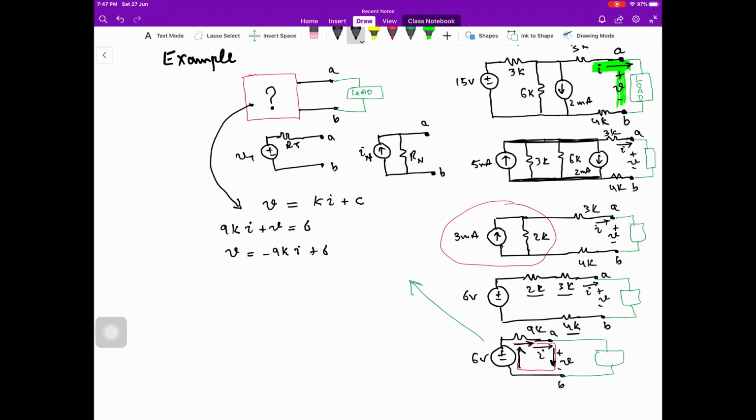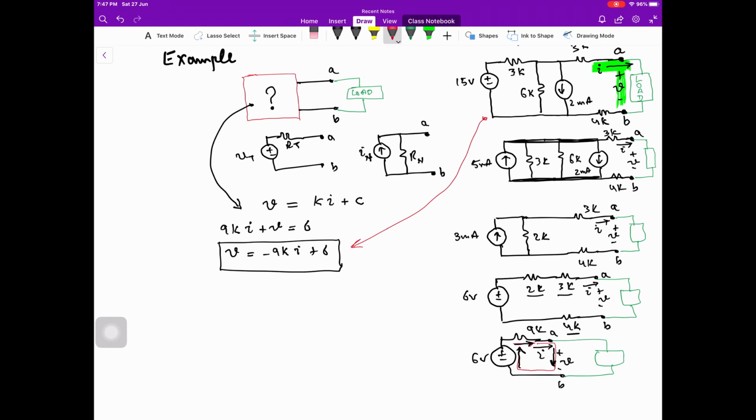This is an equation which represents the circuit. Note that we can apply node voltage or mesh current analysis to the original circuit in order to express this circuit in the form of V and I.